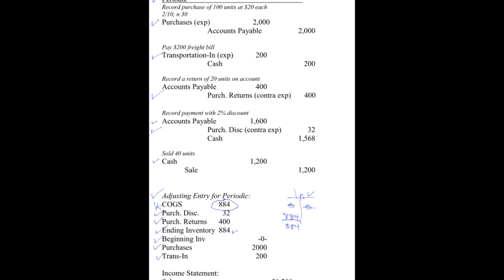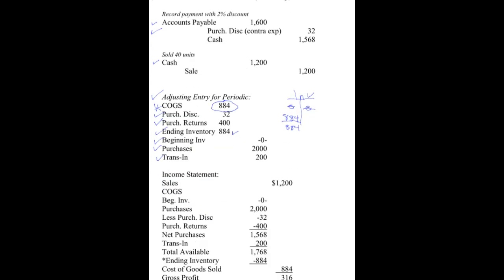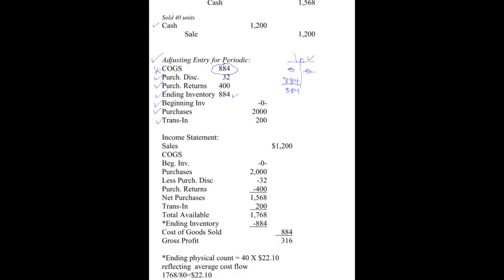Let's include now a look at our income statement. This would be what a typical income statement for a periodic accounting system could look like. Now you could just show cost of goods sold as one number, or you could give all the details. I've chosen to give the details. Here's our sales, and then we go into the calculation of cost of goods sold.